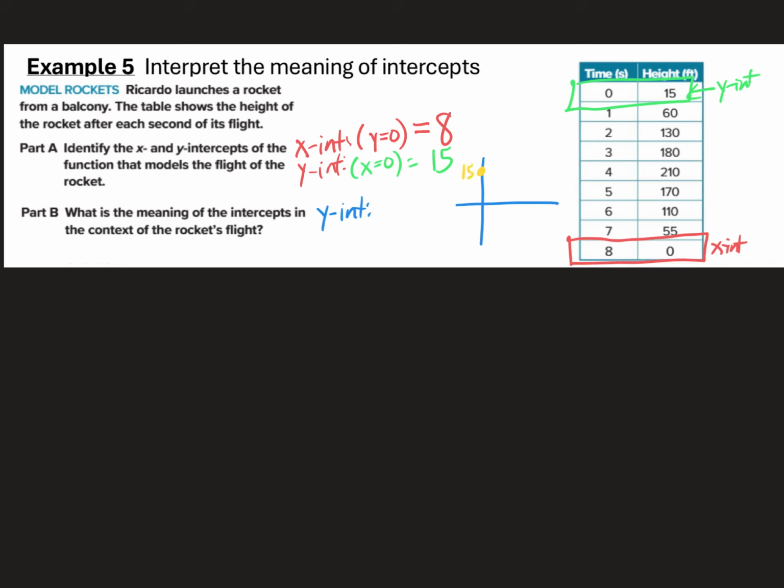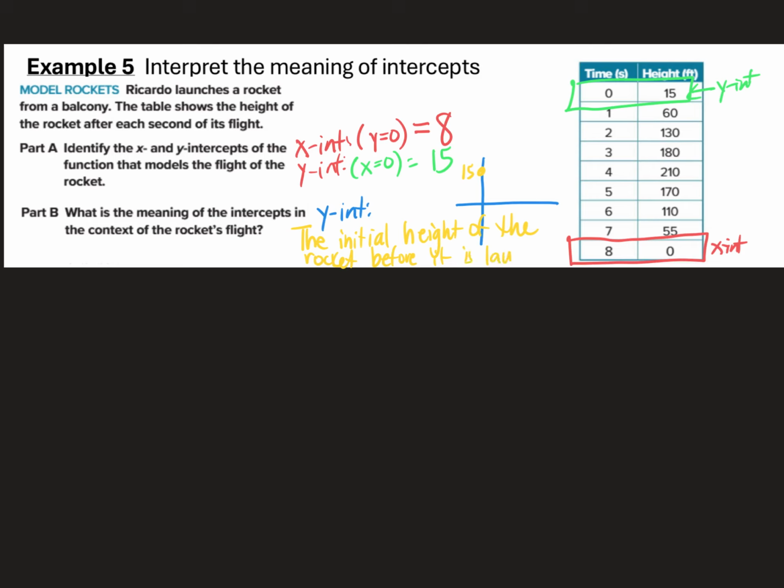Now what does that mean? The initial height of the rocket before it is launched.